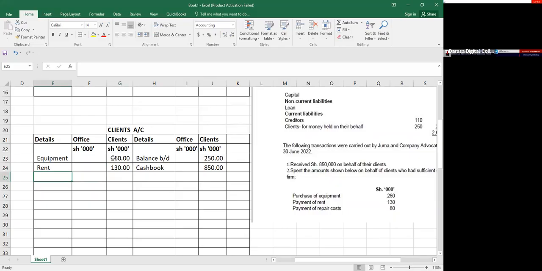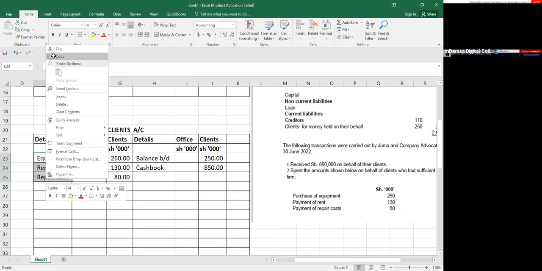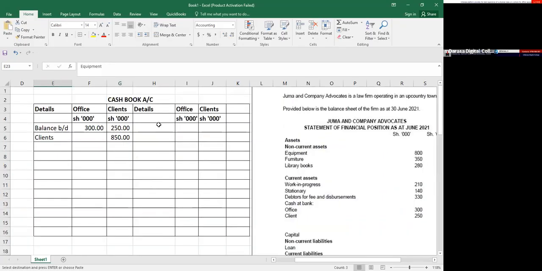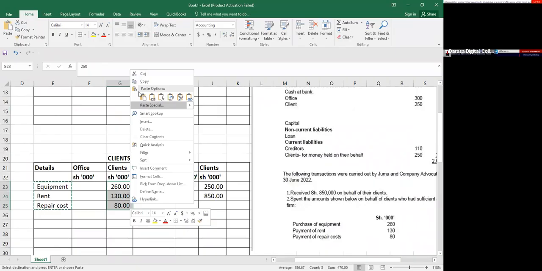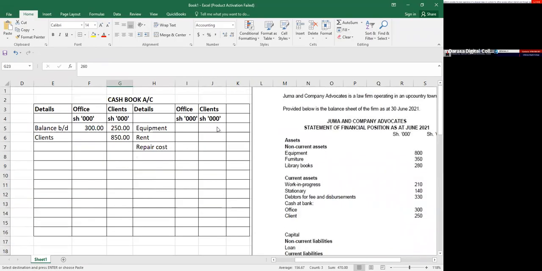We're having repair cost. Repair cost, we're having a figure of how much? Repair cost, we're having a figure of cost of 80. Then the same procedure, we go to, of course, my cash book. So cash book, we're having our details here and the amounts there. Okay. So we have recorded that part.